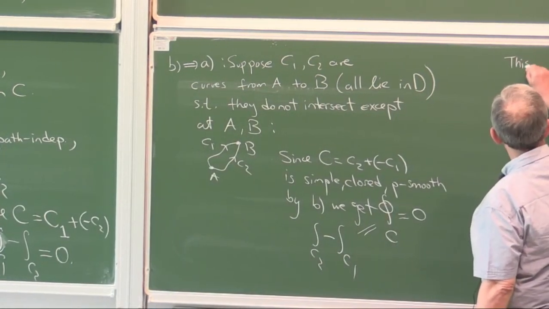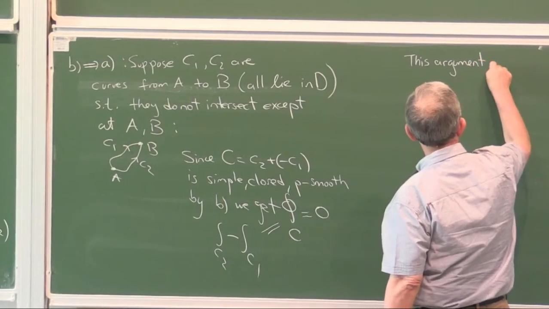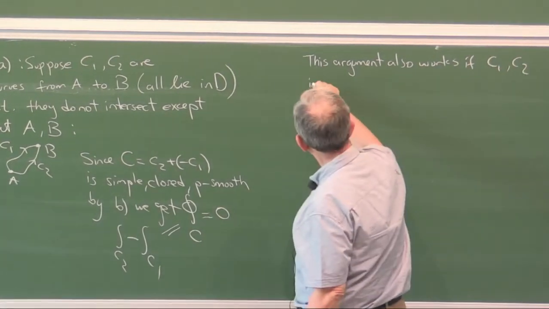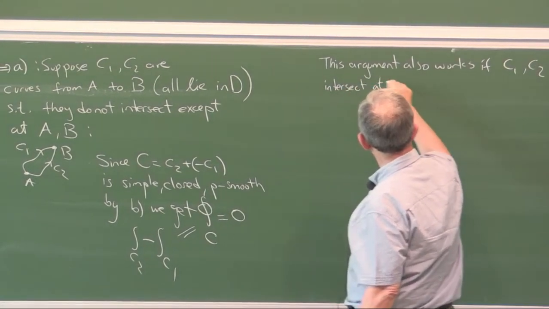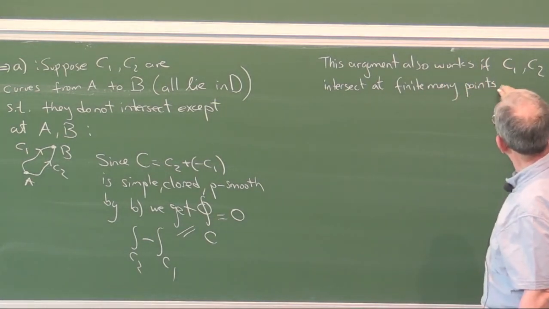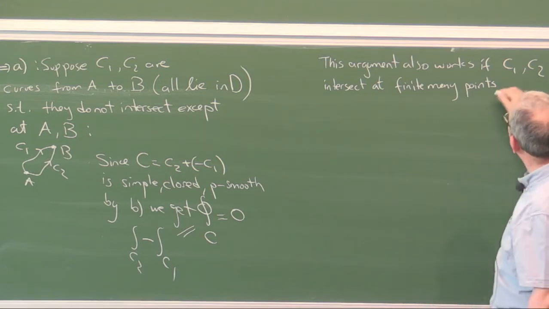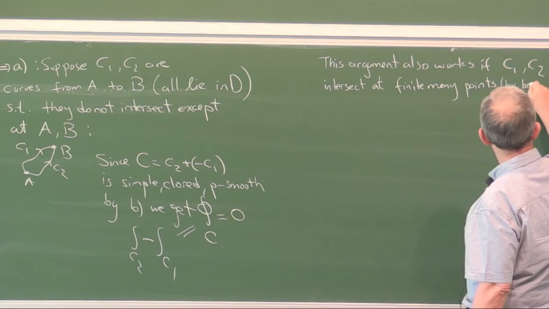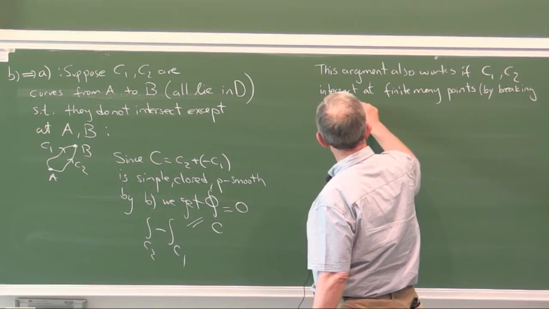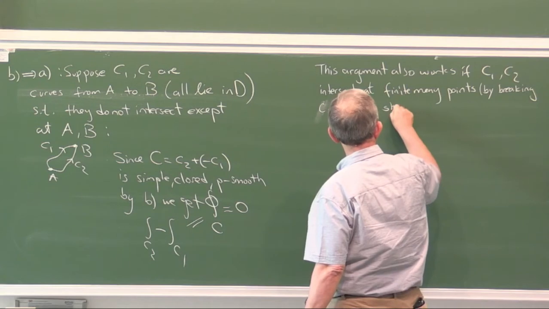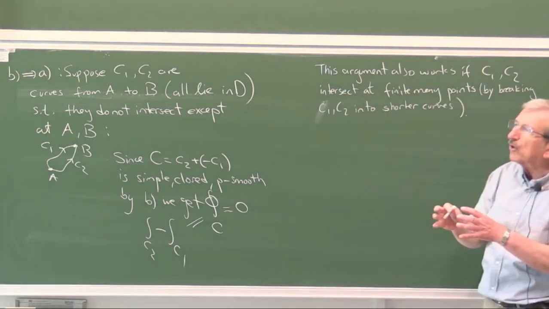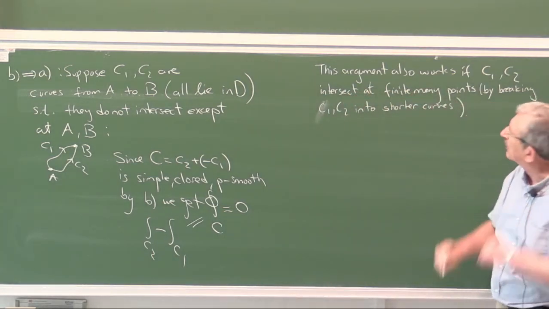Now, this argument also works if C1, C2 intersect at finitely many points, if we break C1, C2 into shorter curves, of course, such that these smaller curves now don't intersect with each other except at the endpoints.